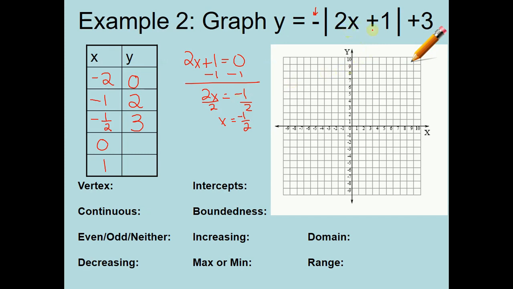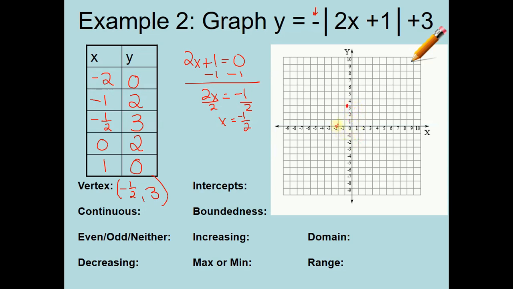Then 0 gives 1, negative 1 gives 2. This should start matching again. Checking to make sure it does. Yes. So my vertex is at negative 1/2, comma 3.